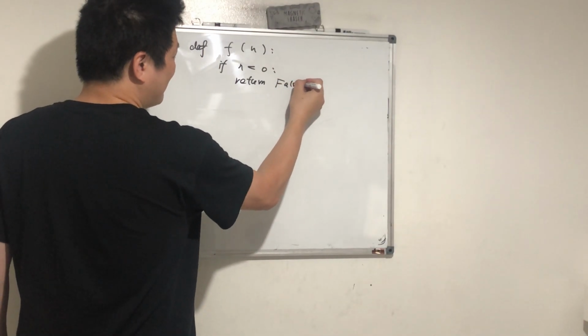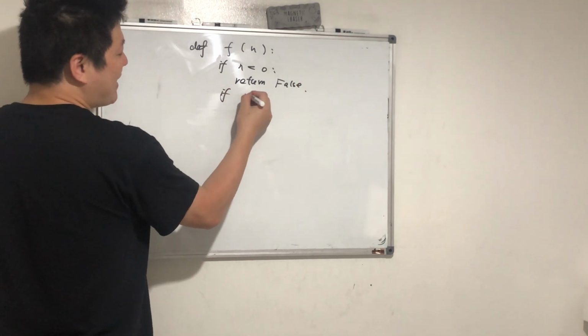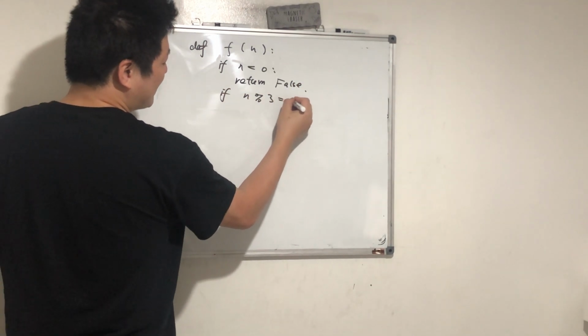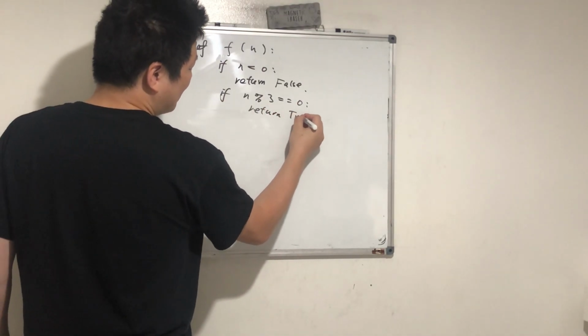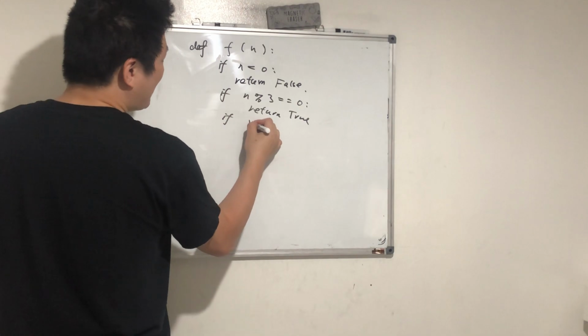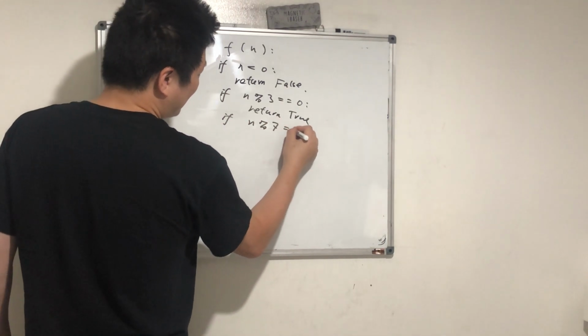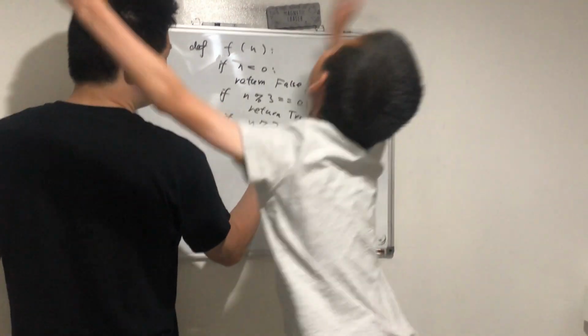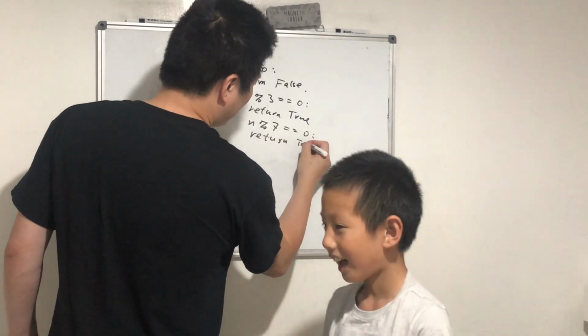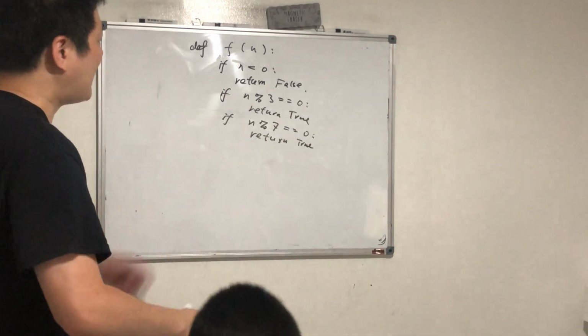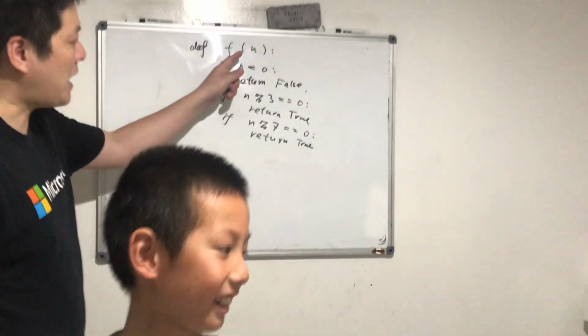If n modulo 3 equals 0, return what? True. If n modulo 7 equals 0, return what? True. Okay, so then you tell me what to do next.